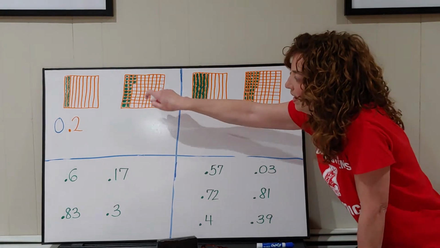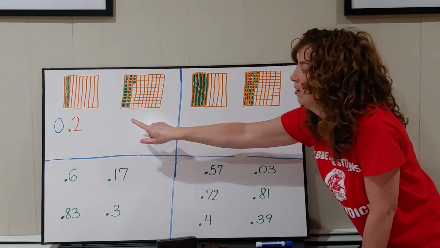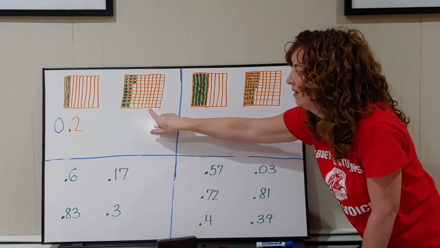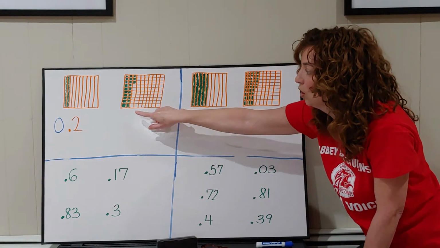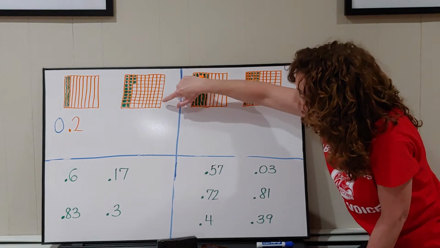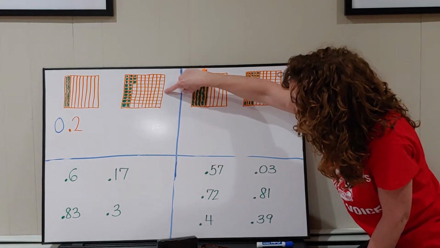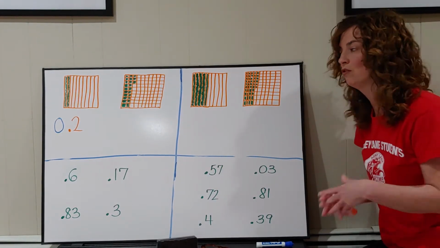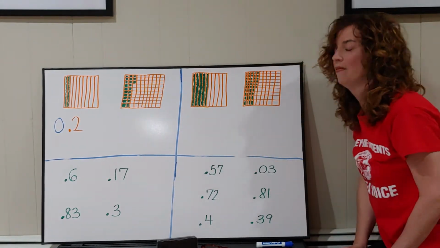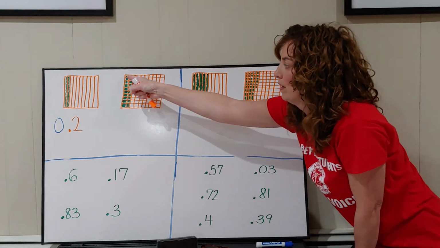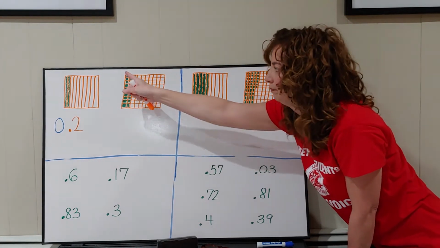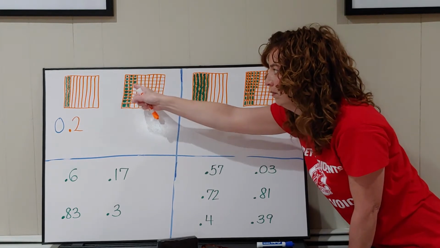So we know that this is a hundredths block, right? We have 1, 2, 3, 4, 5, 6, 7, 8, 9, 10 going across, and 1, 2, 3, 4, 5, 6, 7, 8, 9, 10 going up. So 10 times 10 is 100. So we know there's 100 little blocks on there. Every column that goes down would be 10.